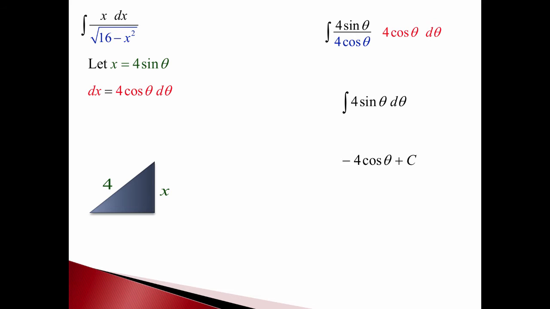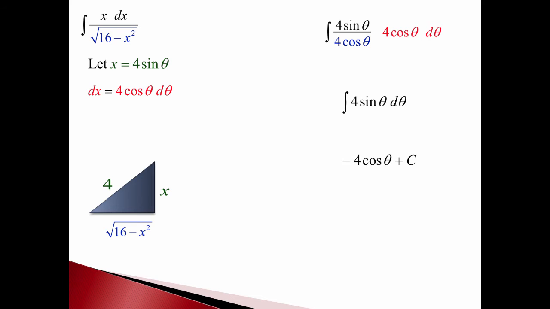I'm missing the adjacent side, so the hypotenuse squared is going to be 16. Subtract the x squared, and then take the square root, and that should tell me that my adjacent side should be square root of 16 minus x squared. And again, that missing side in my triangle should always be the original square root we started with. And sure enough, it is. There's my square root of 16 minus x squared.